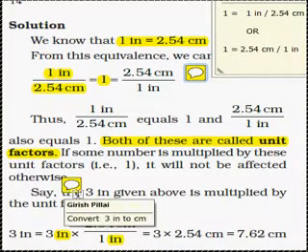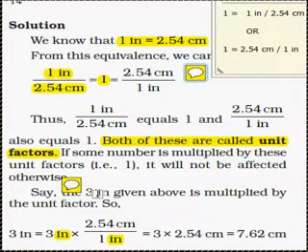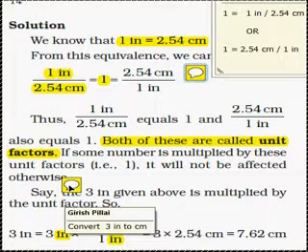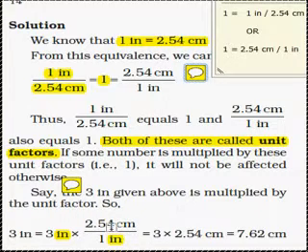Now let us see our example. We had to convert 3 inches into centimeter. So over here we multiply the unit factor, or you can say the unit conversion factor, with 3 inches. So here we get 3 inches into 2.54 centimeter divided by 1 inch.